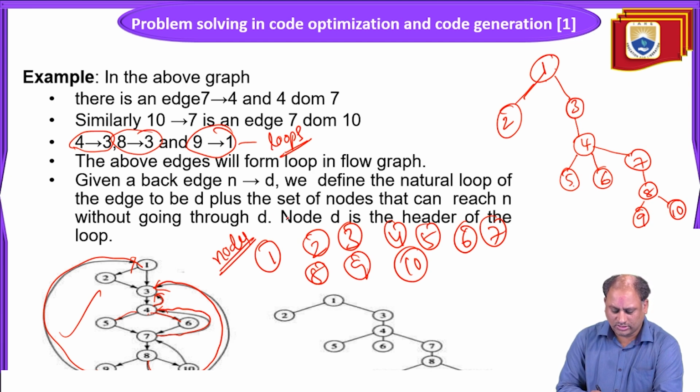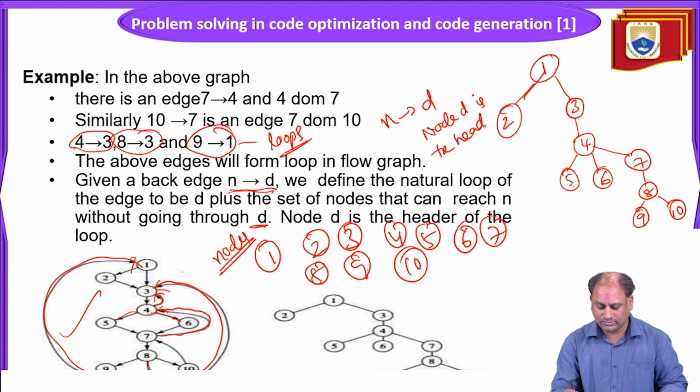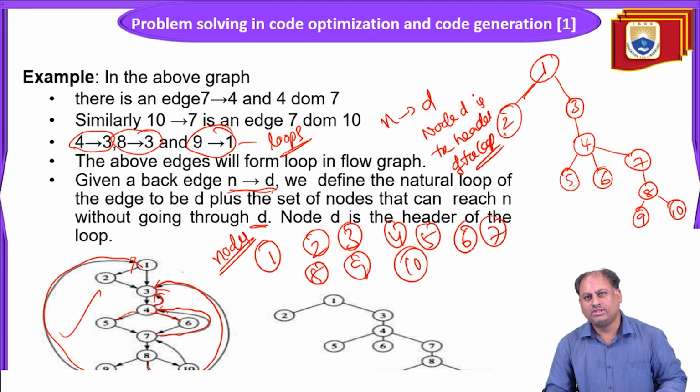These are back edges. For a back edge n to d, the loop is the edge plus the set of nodes that can reach n without going through d. So node d is the header of the loop.